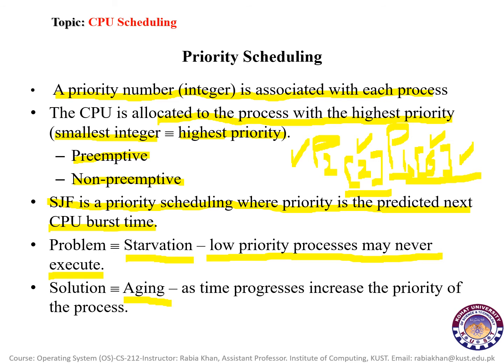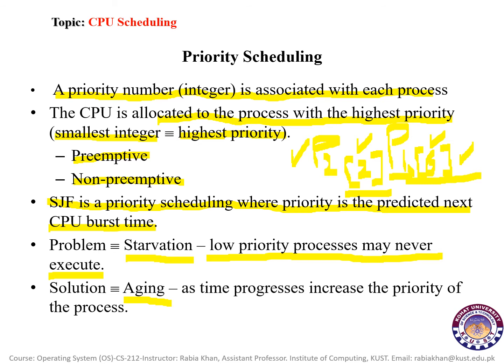So we are getting aged. Similarly, the same aging mechanism will be applied on processes. But here, the priority number which is assigned to every process is reduced by one in every CPU cycle.